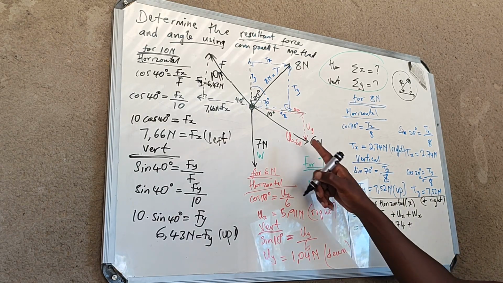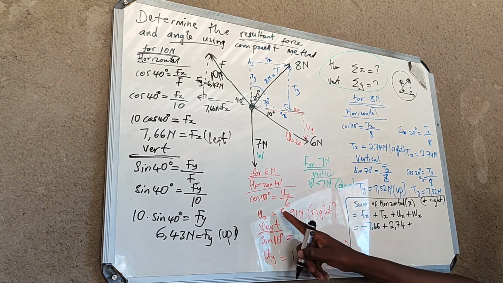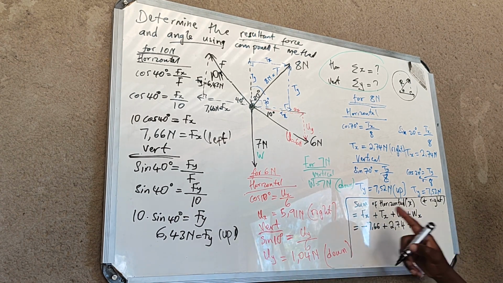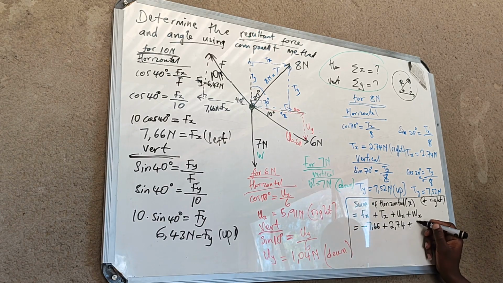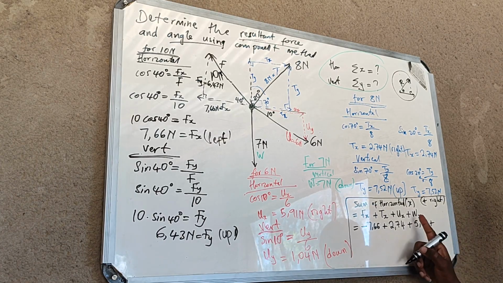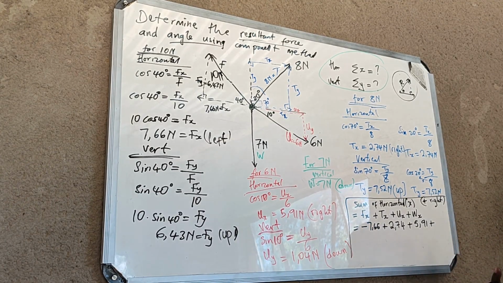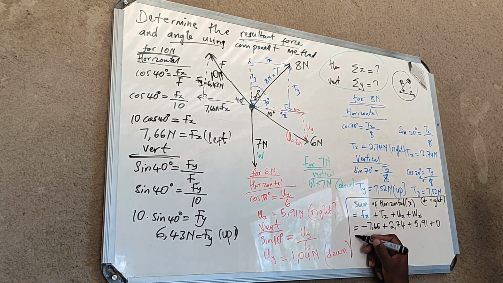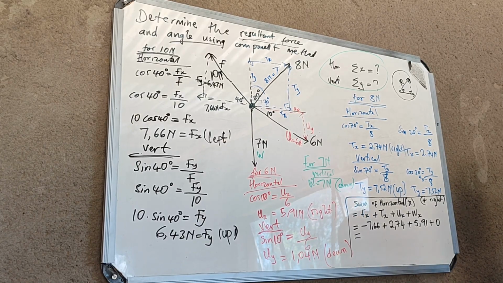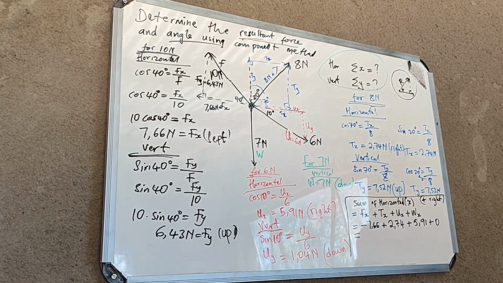Plus Ux is going where? To the right again. And then it means it will be positive 5.91. Plus Wx is going which direction? Or how much? It's 0. So 0 doesn't have direction, just 0. Then now we get the sum of x. You can calculate minus 7.66 plus, and so on.